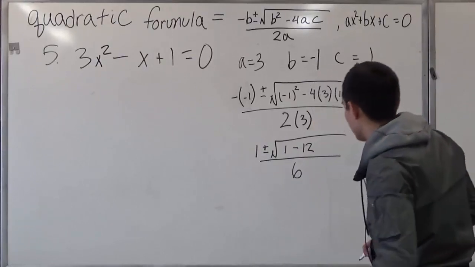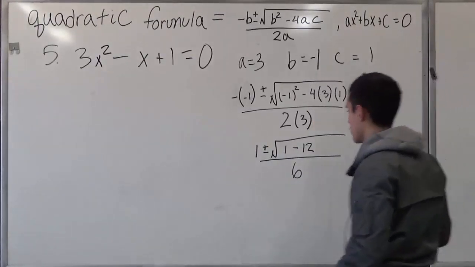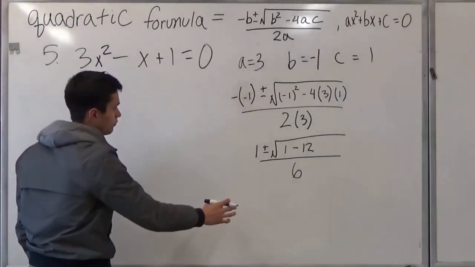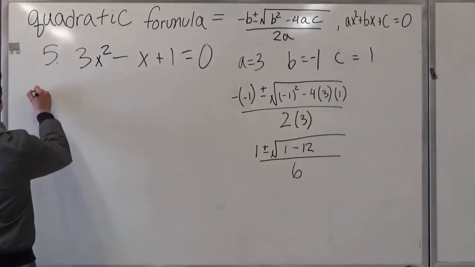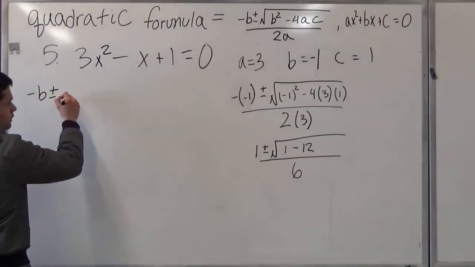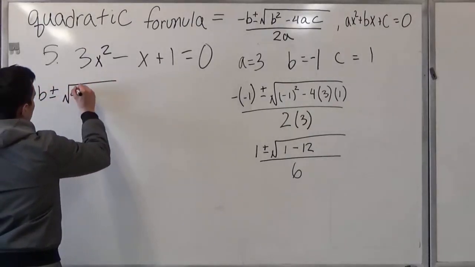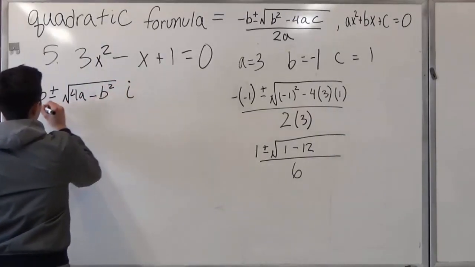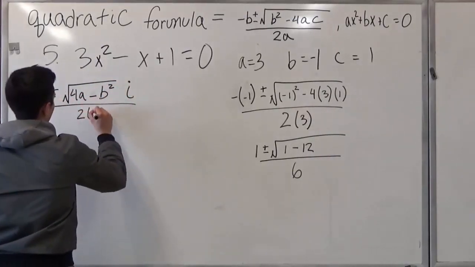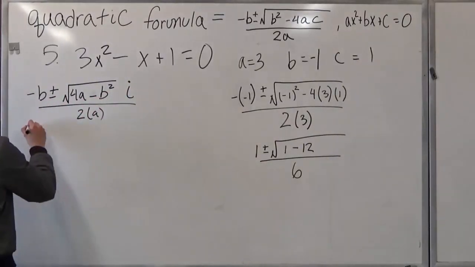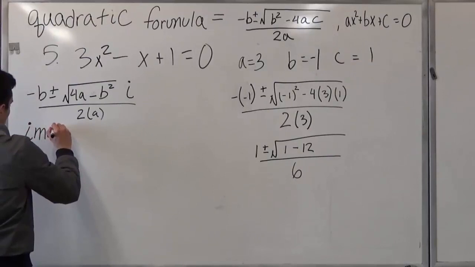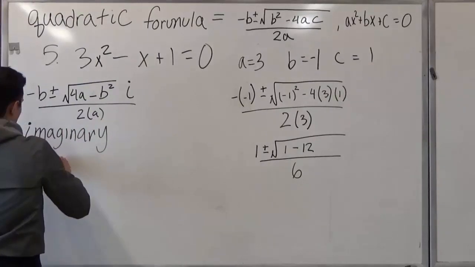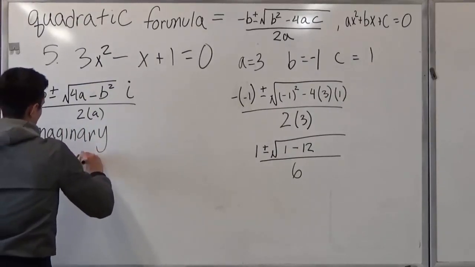So the imaginary number quadratic formula, in order to solve this issue, because we don't want to say no real number solution, we actually want to have a solution, would be negative b plus or minus the square root of 4ac minus b squared times i, all over 2a. And we can refer to this as the imaginary number solution.